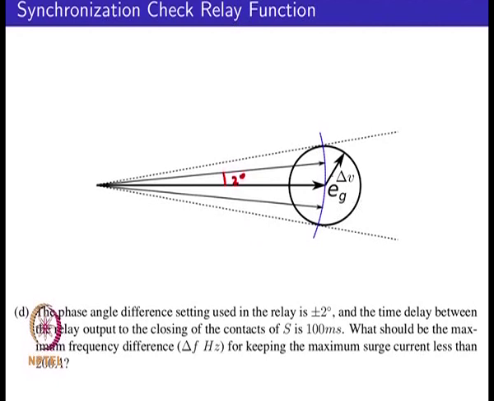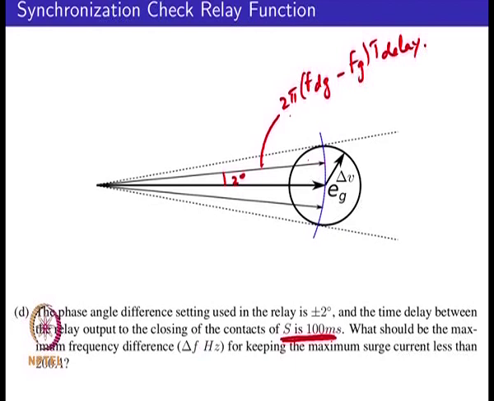Essentially your grid voltage and your DG voltage are two vectors moving apart at a rate given by 2 pi times (f dg minus f g) into your delay time of operating your switch, because it takes a finite time for a switch to close. Here you are told that your switch takes 100 milliseconds from your logic command to actual closing, and you want to relate that to your maximum frequency error.